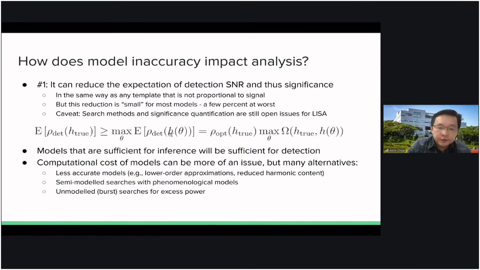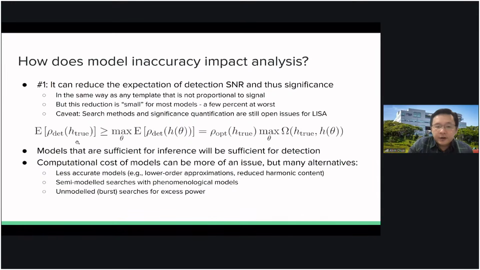If you look at this equation, the expected detection SNR for a template h_true, which is actually proportional to the signal, is always greater than or equal to the maximum expected detection SNR for all templates described by any model. This holds for all models, even accurate ones, and of course this is just a form of the Cauchy-Schwarz inequality.